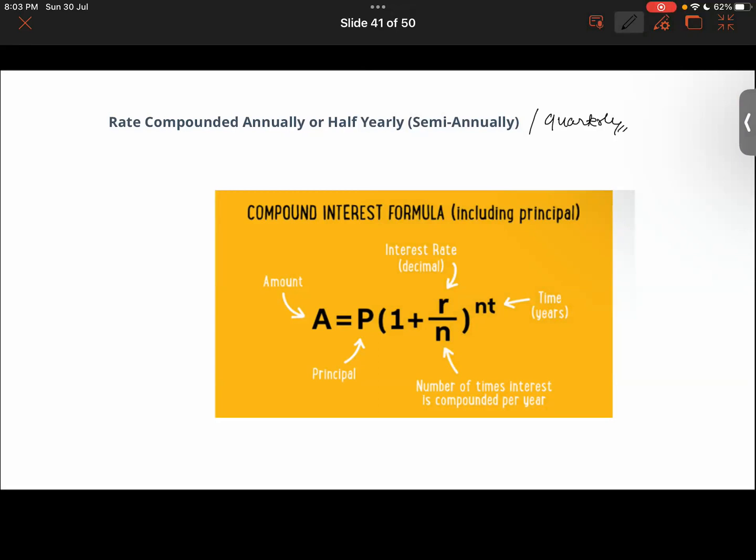Whenever interest is compounded half yearly, half yearly means there will be two conversion periods in a year, each of 6 months. So in this case, the rate of interest will be half of the rate of interest per annum.